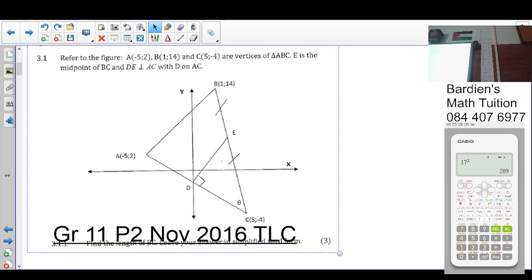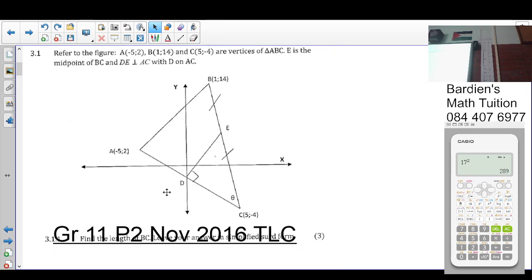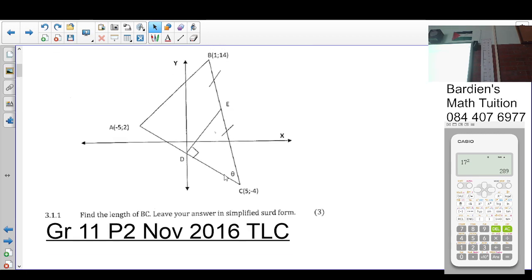So we are asked to, in question 3, refer to the figure where A is negative 5 and 2, B is 1 and 14, C is 5 and negative 4. These are the vertices of triangle ABC. E is the midpoint, as indicated here, with DE being perpendicular to AC, with D on AC.